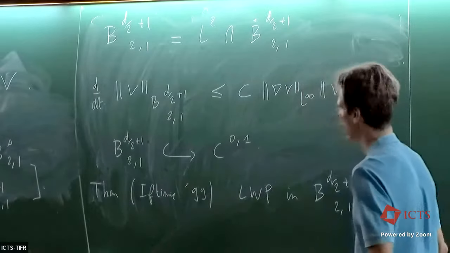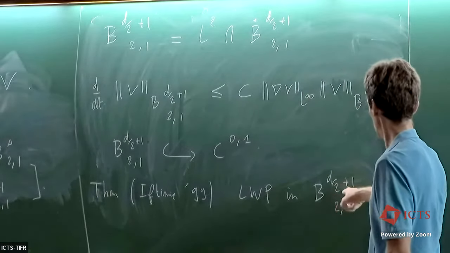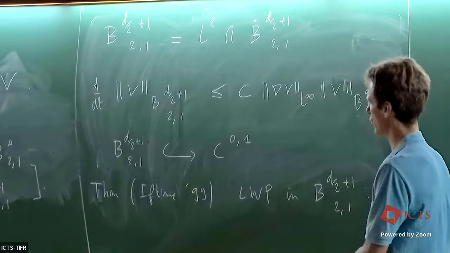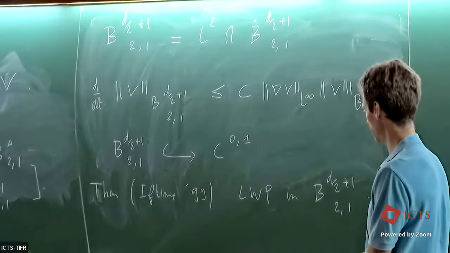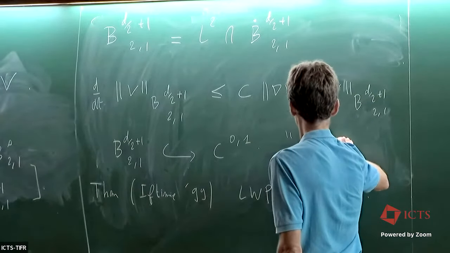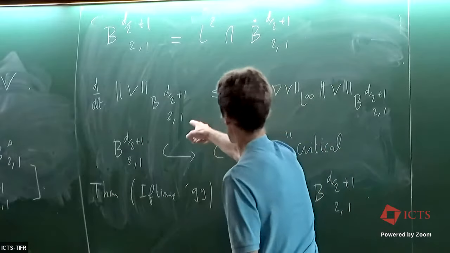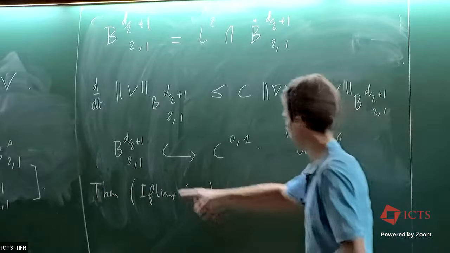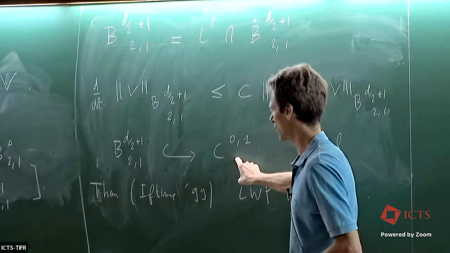Of course, you also have well-posedness in a B^s_{2,1} with s greater than this, but this seems to be the critical level of regularity. Okay, and the advantage of these Besov spaces is that you can achieve critical regularity. I mean, you can achieve the critical embedding that you are not able to achieve for Sobolev spaces.